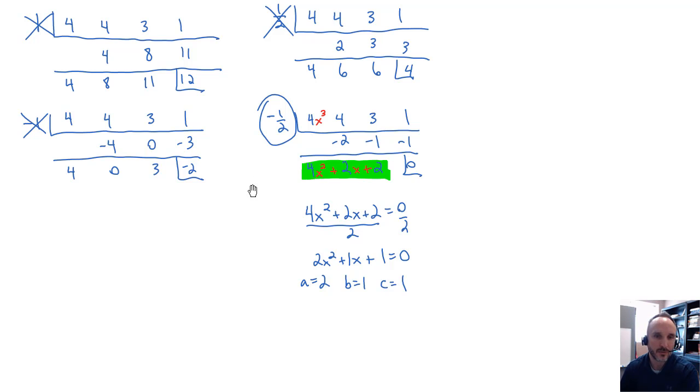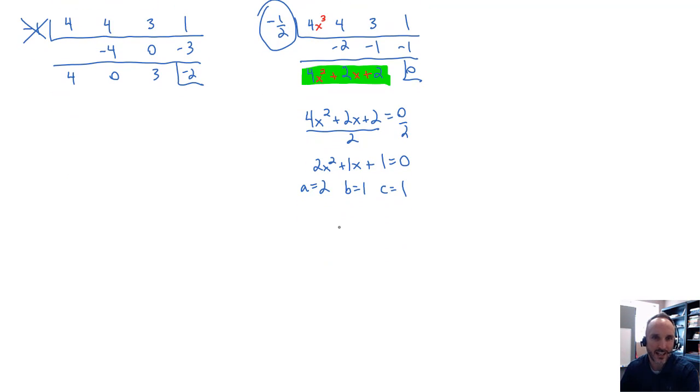Now we can plug them into the quadratic formula to find our last two zeros. So x equals negative b plus or minus the square root of b squared minus 4 times a times c, all over 2 times a.